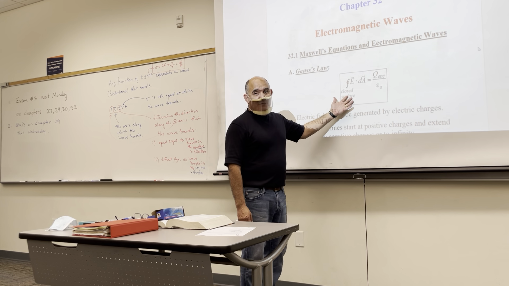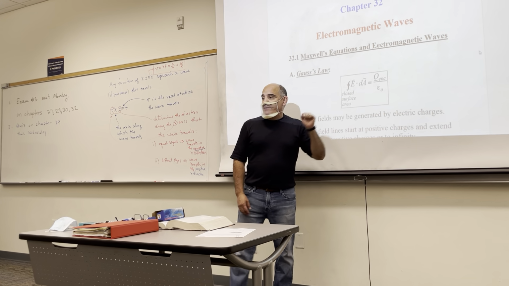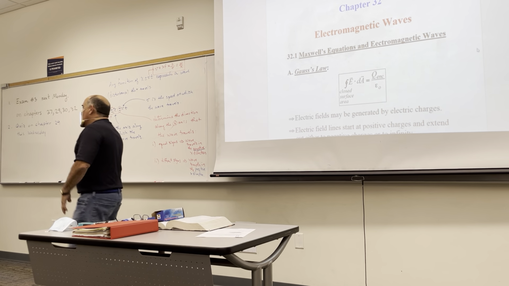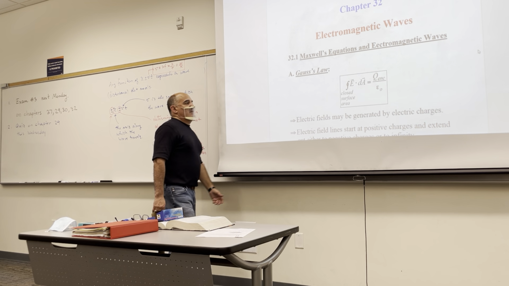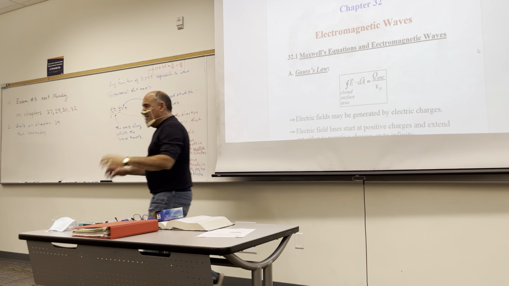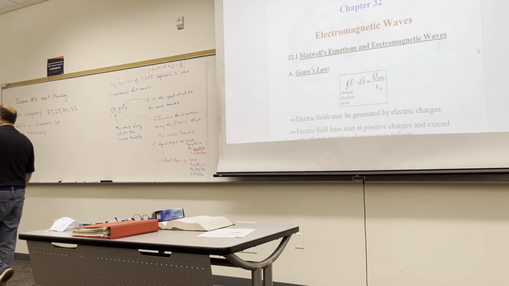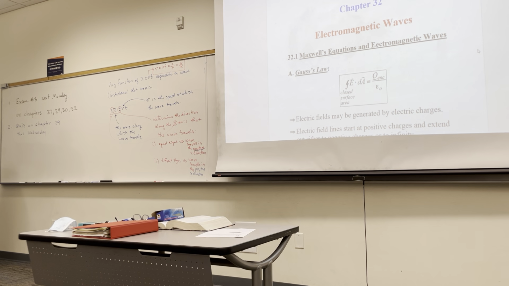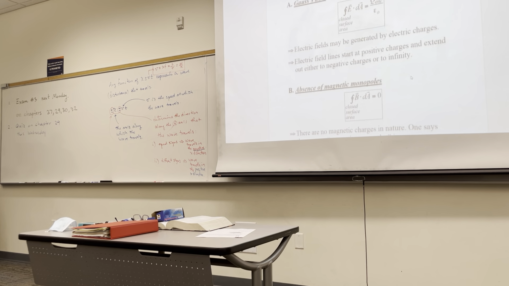We spent chapter 22 on Gauss's law. Basically, the message is that electric charges give rise to electric fields. And we talked about specific cases. If the charge is positive, the electric field is a vector that points away from the charge. If the charge is negative, the electric field it produces is a vector that points towards the charge.